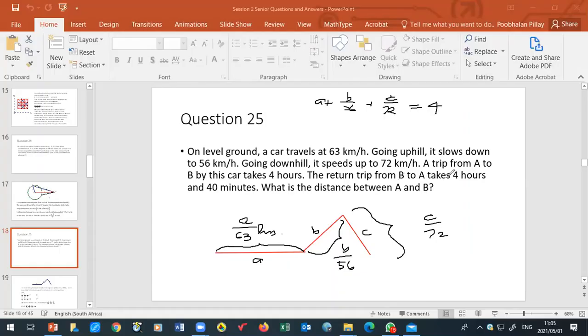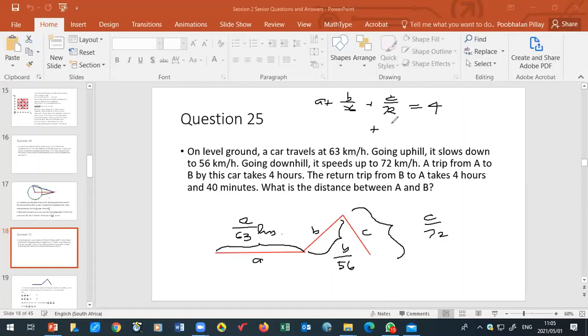But when it goes backwards now, when it travels from B to A, it takes 4 hours, 40 minutes. Now, what is the reason for that? When it's going back this way, whereas downhill was taking 72 here, now this becomes uphill, you see. So on the return journey, it will have to travel 56 kilometers per hour uphill.